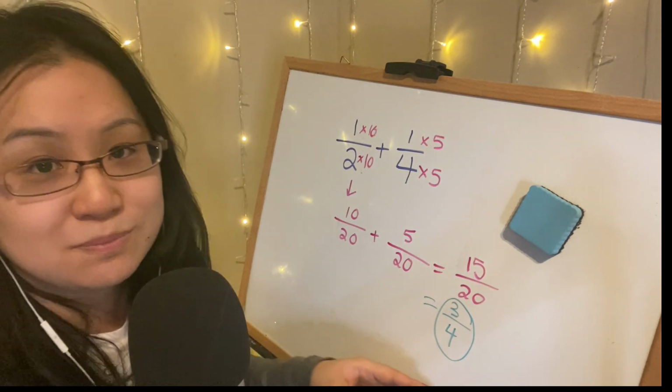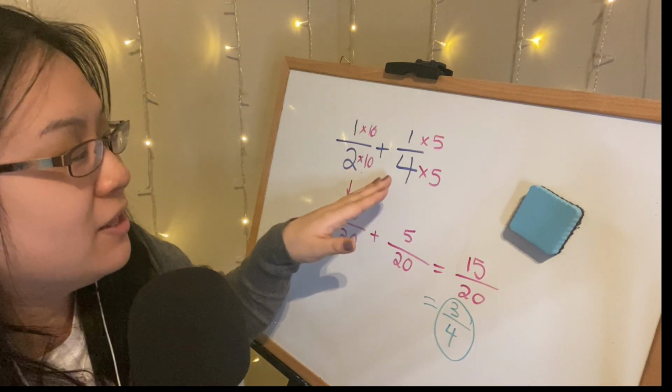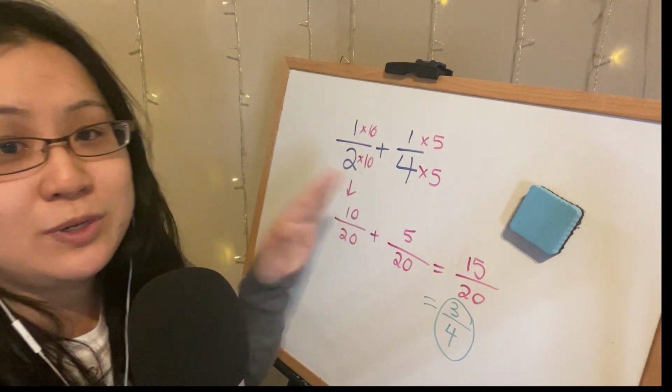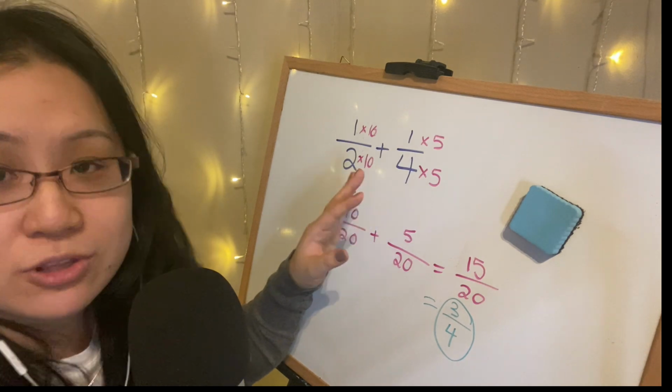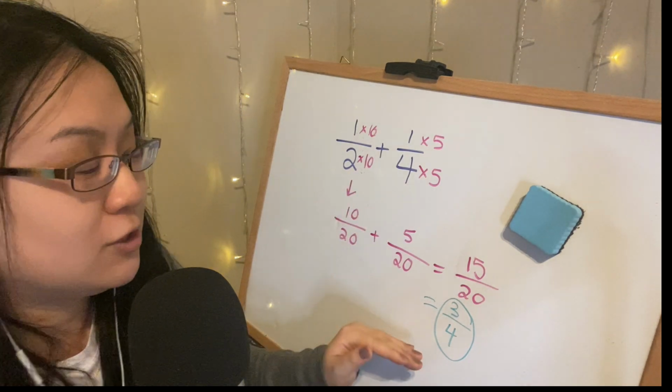So our simplified answer will be the one that we get had we used the actual least common denominator, the least common multiple in the first place.